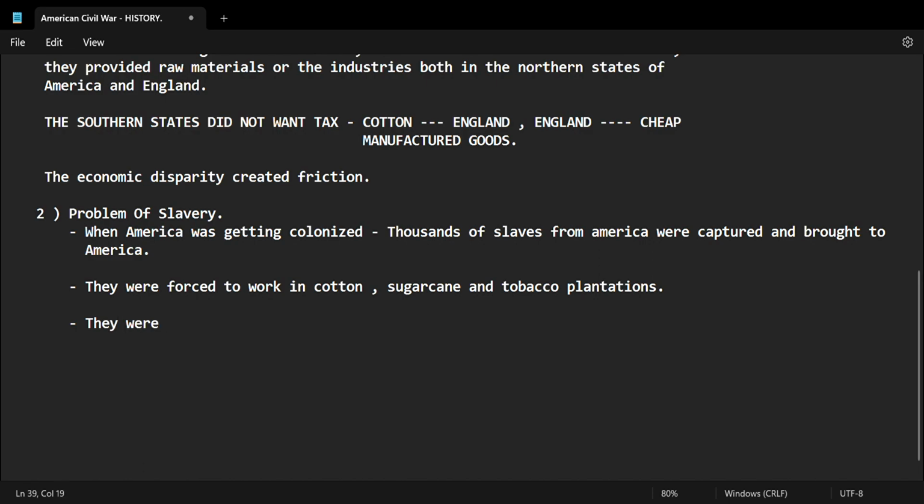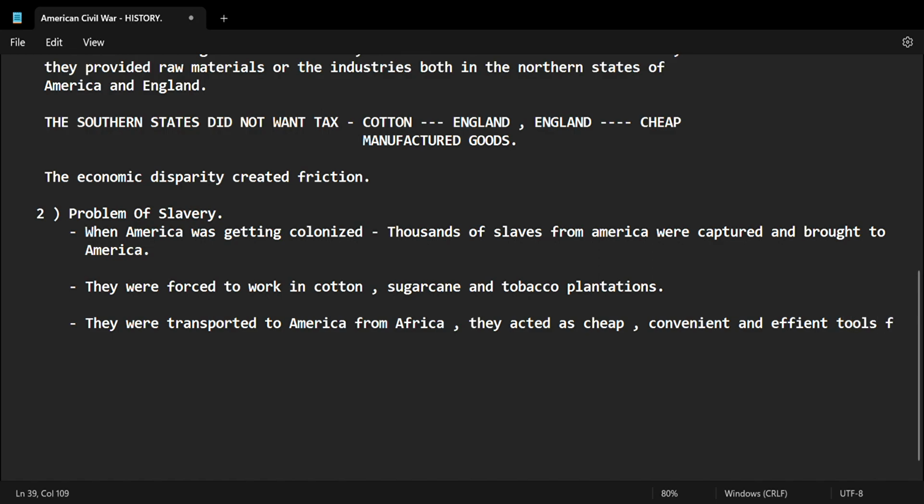So they were transported from Africa to America, and they acted as cheap, convenient, and efficient tools for the development of the large growing plantations.